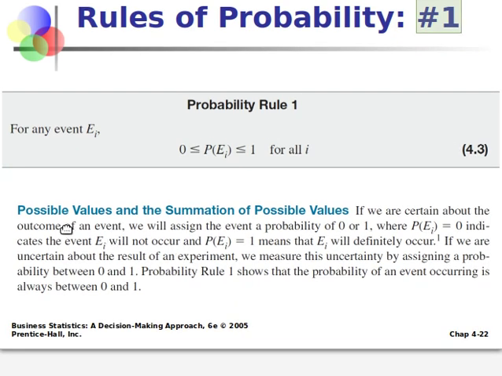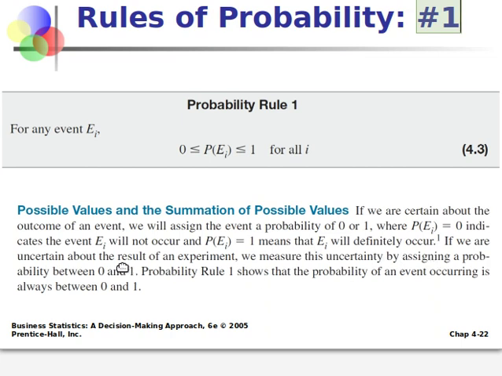Now, possible values and the summation of possible values. If we are certain about the outcome of an event, we will assign the event a probability of 0 or 1, where P of E sub I equals 0 indicates the event E sub I will not occur, and P of E sub I equals 1 means that E sub I will definitely occur.